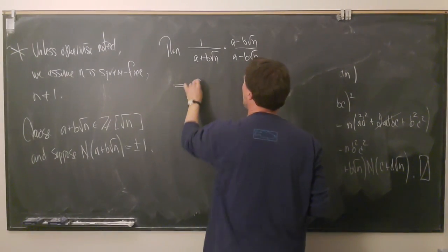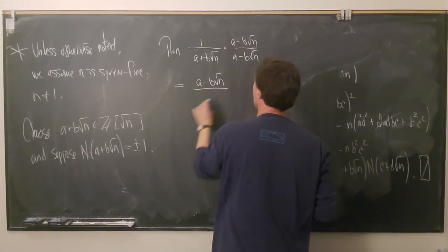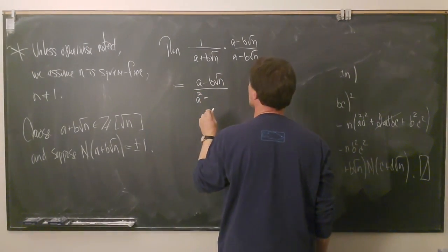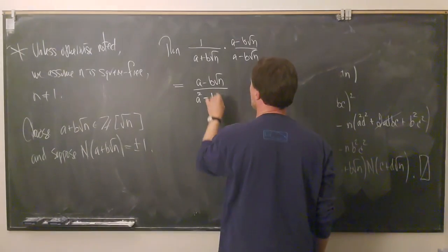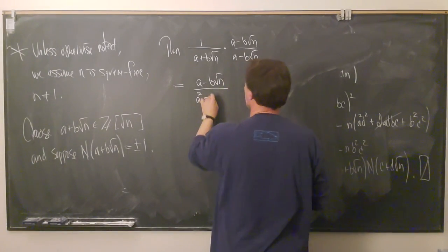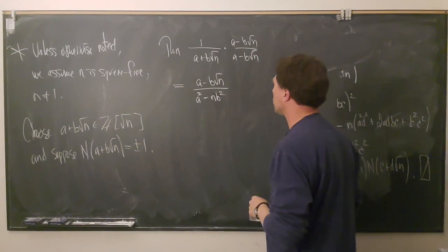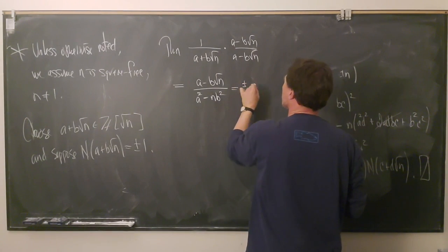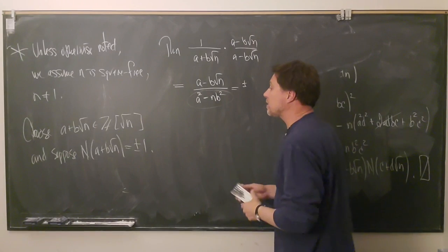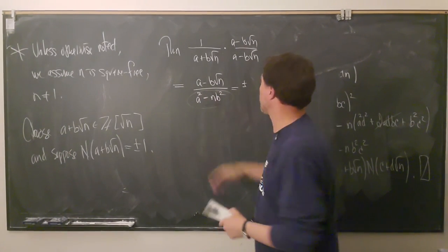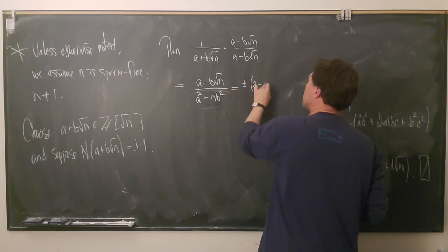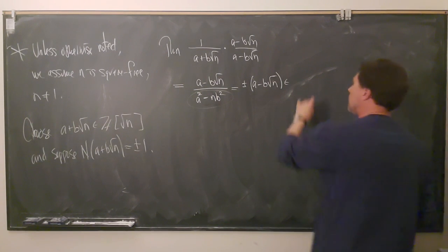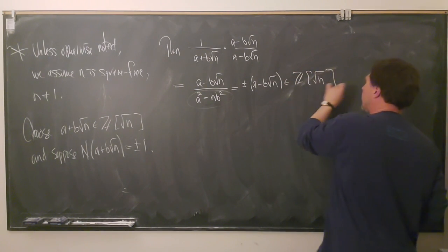That's equal to A minus B root n over A squared minus NB squared, which is equal to plus or minus, because we know that what's down there is the norm, and we know that that's plus or minus 1. So that gives us plus or minus A minus B root n, which is in Z bracket root n.